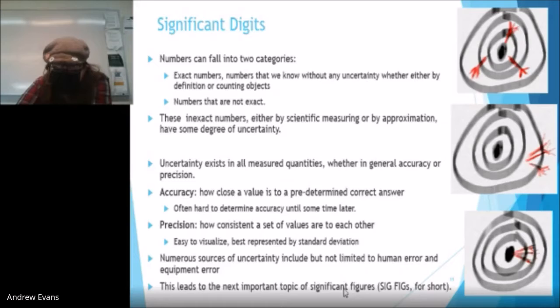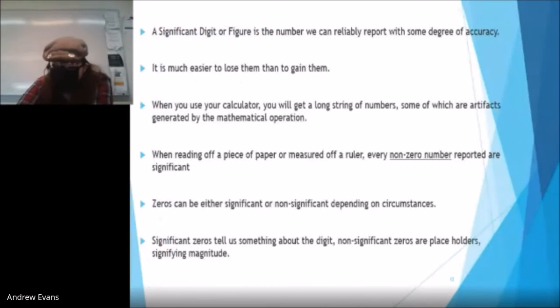But it's going to lead to the tough topic that I was talking about, significant figures. Basically, when we report a number, we are trying to report only numbers we know with some accuracy. A significant figure, a significant digit, is a number we can reliably state that we know.